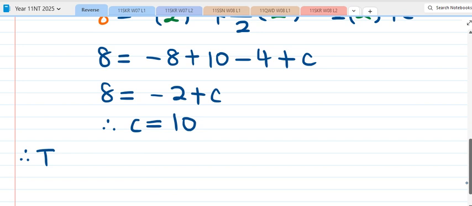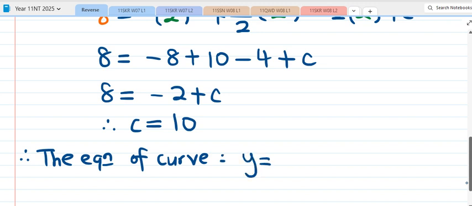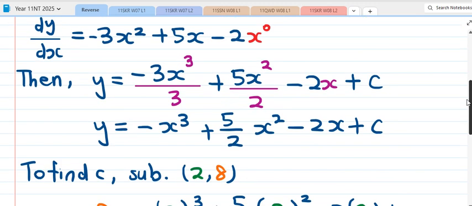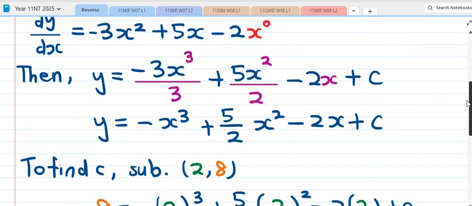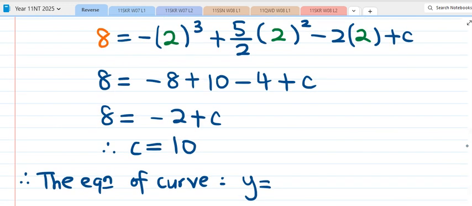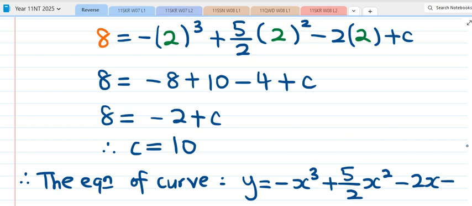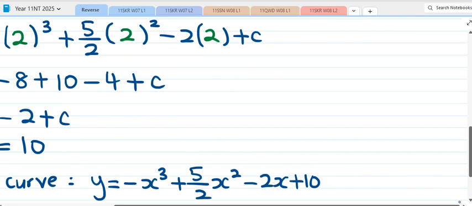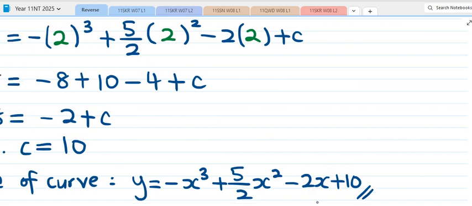Therefore, the equation of the curve is going to be y equals, following what we have previously, negative x cubed plus 5 over 2 x squared minus 2x plus the new constant that we found, which is plus 10. So this is the final answer for the last example.